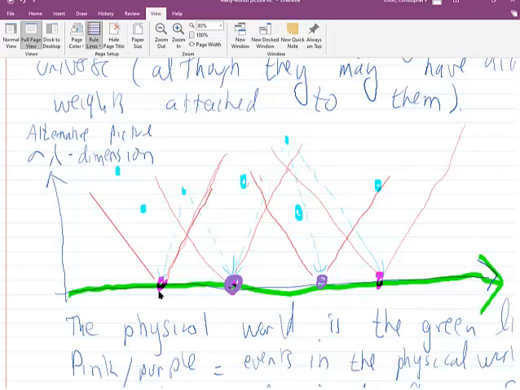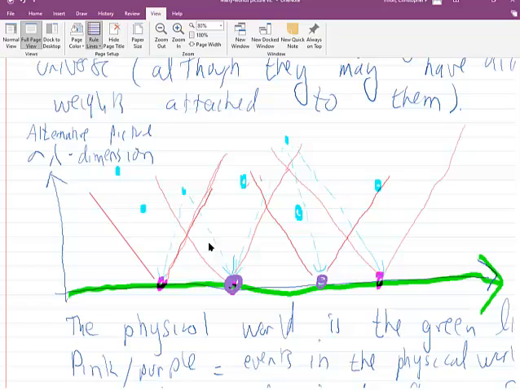There is only one set of events, only one physical world, but there are what you might call pre-events that occur in the lambda dimension. Now, these red lines show the domain of influence of each event. The event here in the physical world is influenced by every pre-event in this red cone. So, for instance, this blue event here does affect this pink event here.